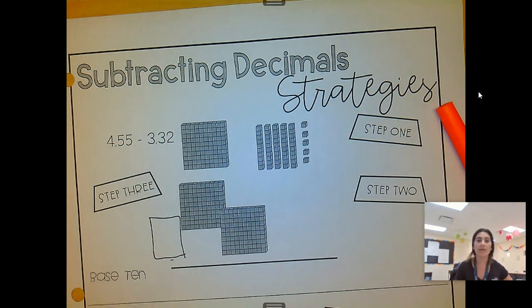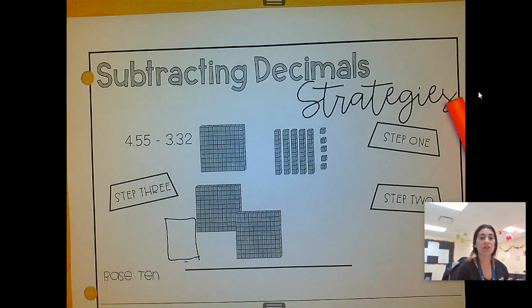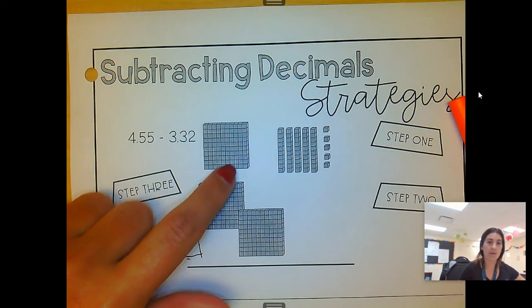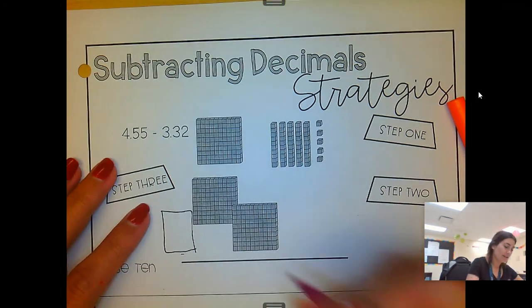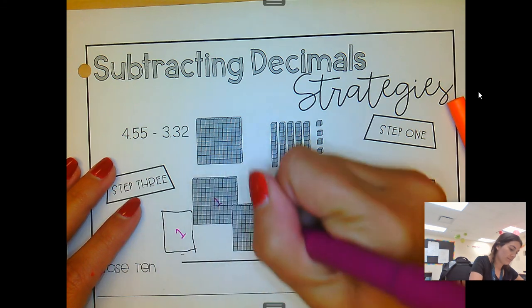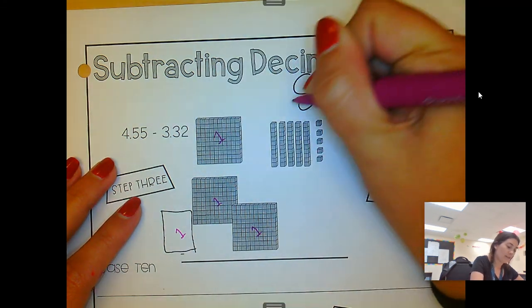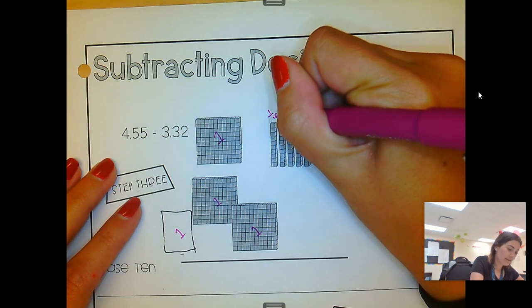So this is a little different since we're not adding, we're actually taking away. We're going to start with our hundredths place on our second number, because right now we're representing 4 and 55 hundredths. So each of these are 1. Each of these are 1/10.